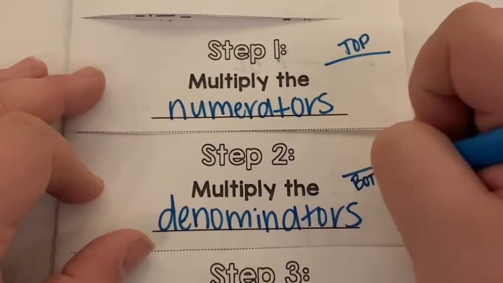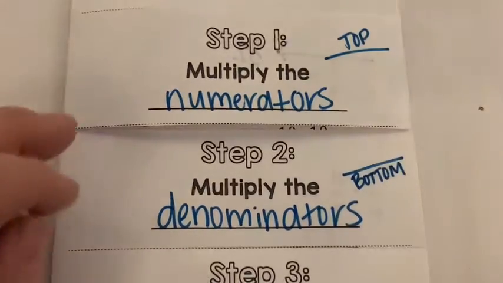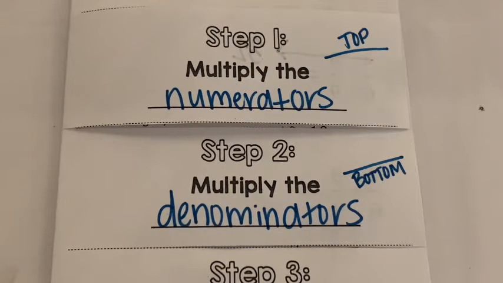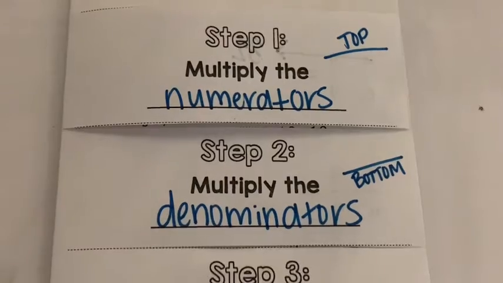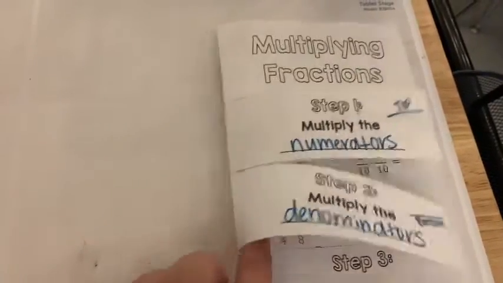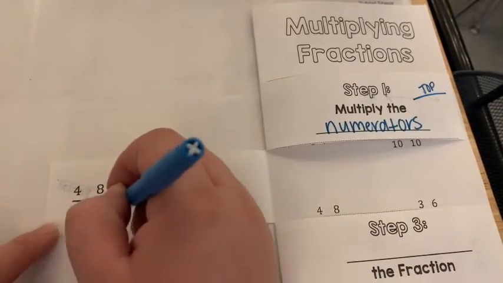And these are the bottoms of the fractions. Okay, so when we multiply the two numbers on the bottoms, what is 6 times 9? 54.